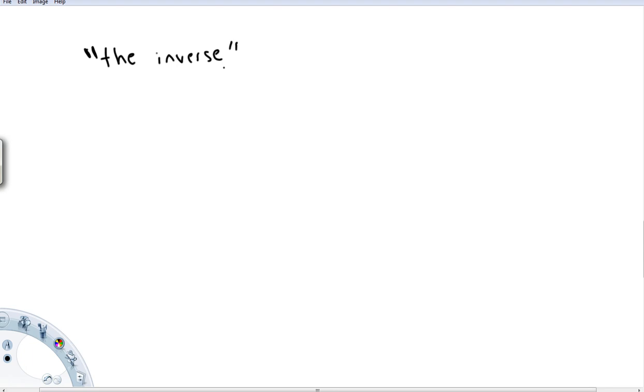So it will be the inverse of an element G in the group G. This is the usual notation, suggested by that used for ordinary real numbers and multiplication.